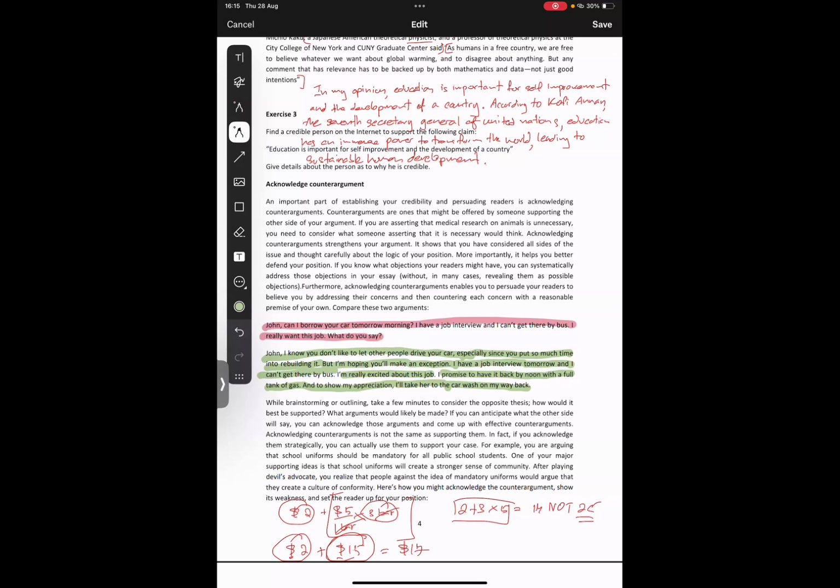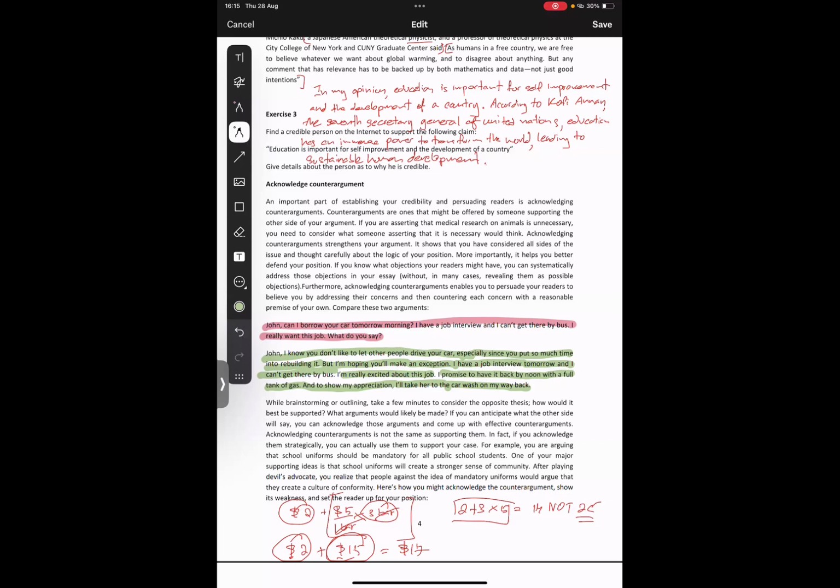So when he says he will wash the car for John, it shows that he truly realized what it's like to be someone who loves his car, right? He's not just showing that he understands, but he knows what he has to do.